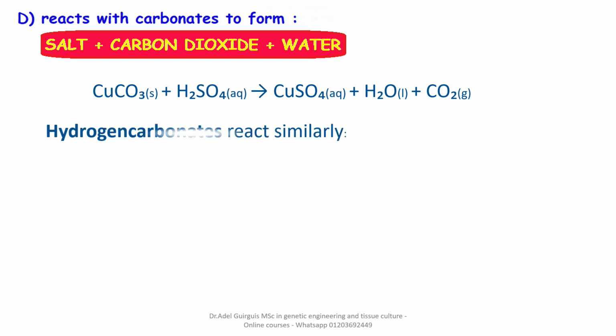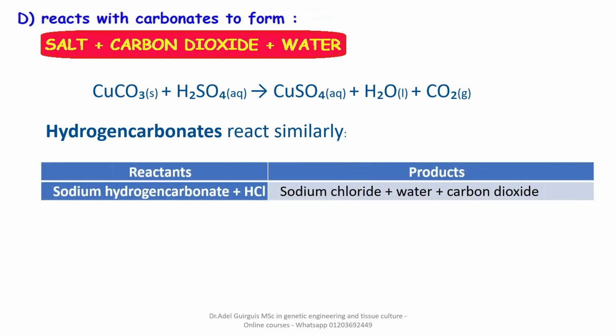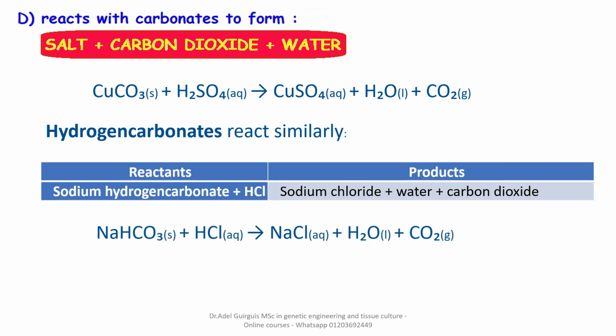Hydrogen carbonate reacts in the same manner: sodium hydrogen carbonate, NaHCO3, reacts with HCl to give NaCl salt in aqueous solution, plus H2O plus CO2.